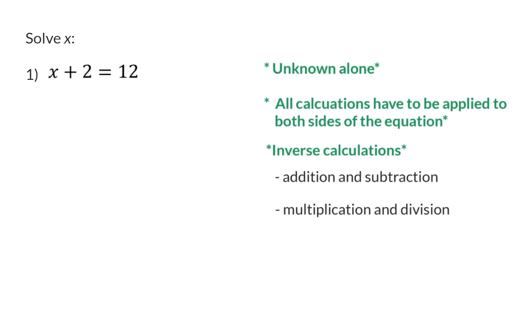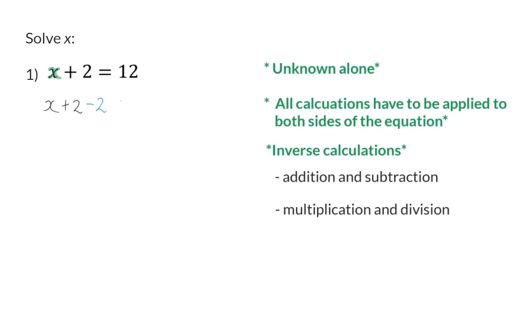In the first example, we need to solve the unknown x, and that means we need to get x alone. To get x alone, we need to get rid of the plus 2 on the left-hand side. The inverse calculation of addition is subtraction. So, to get rid of the plus 2 that we have on the left-hand side, we will also have to subtract 2 on the left-hand side.